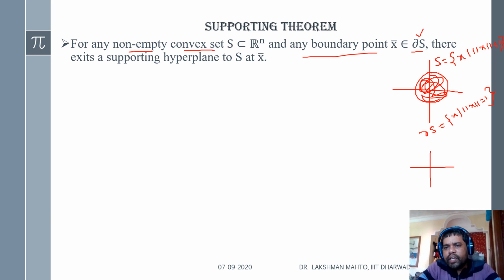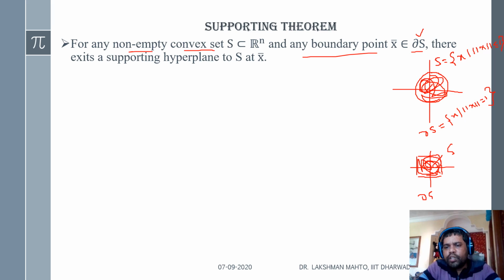If you take another example, this one is the unit disk with respect to the L2 norm. If you take the unit disk with respect to the L infinity norm, it is a square kind of thing.